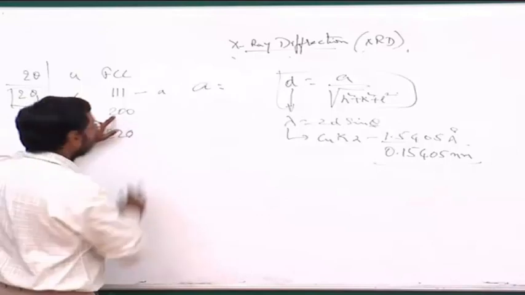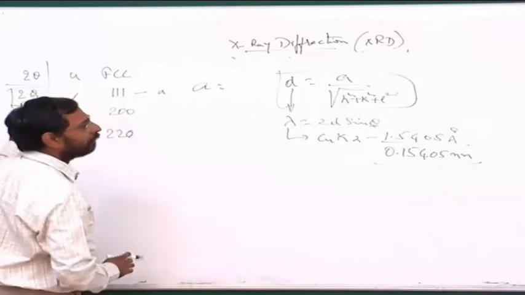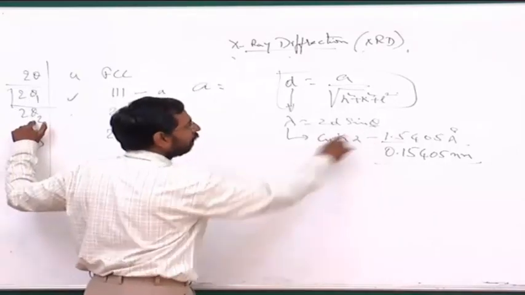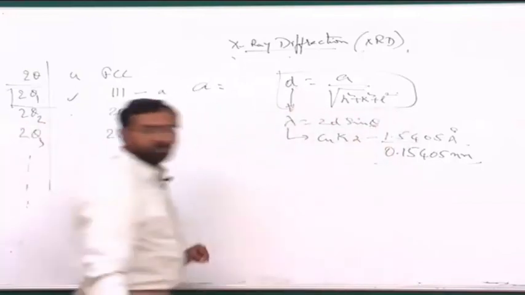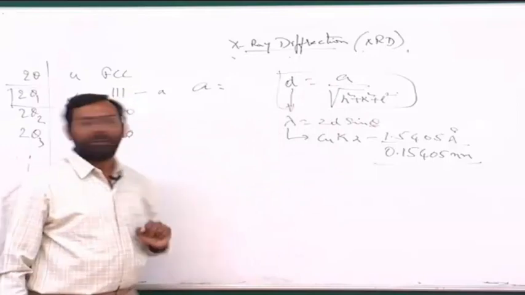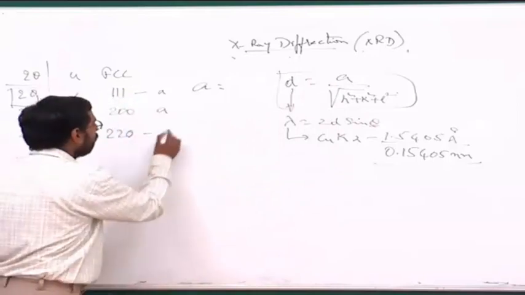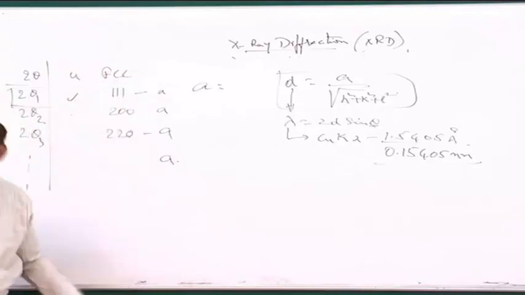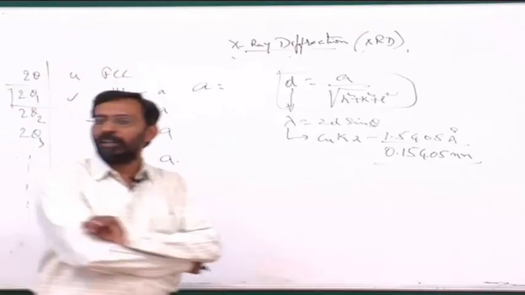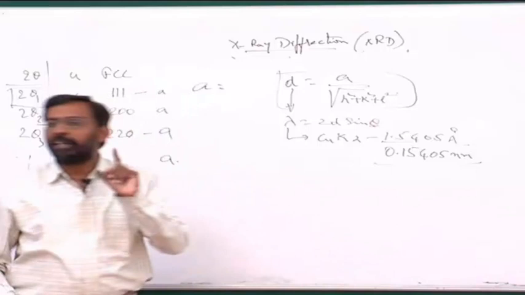You can also use the second peak, find out the theta for that, put the theta into this equation, get the D, plug the D into this, and simply put the HKL as 200, again get the A. So you can get A here also, you can get A for the fourth peak also.